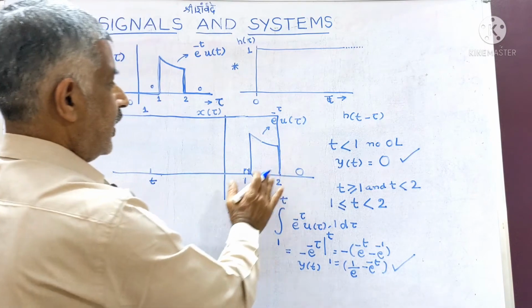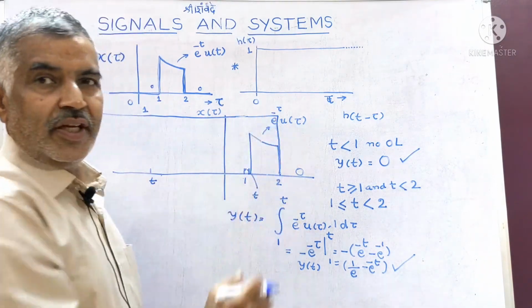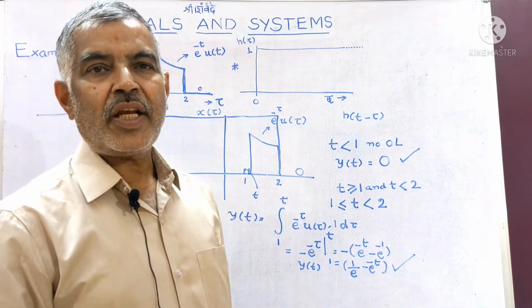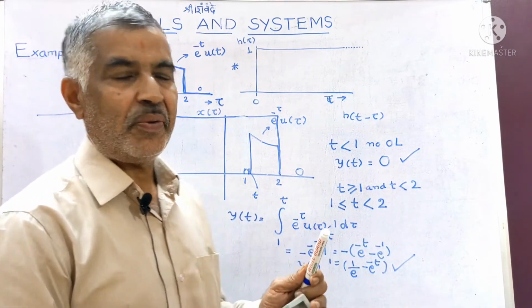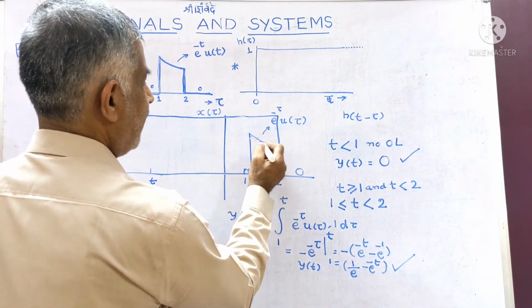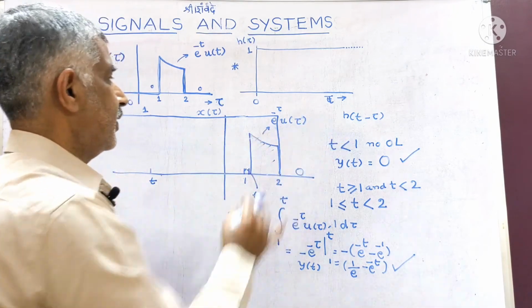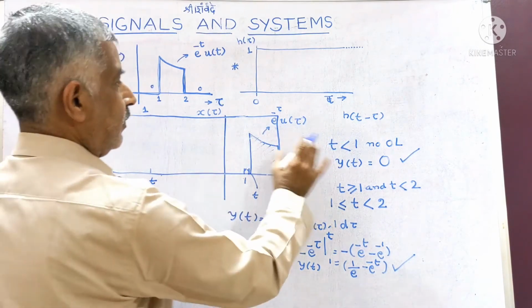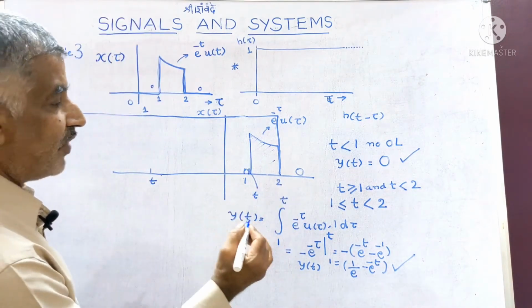Entire exponential waveform is being covered. You imagine in the eclipse, the moon is fully covered with shadow. Okay, fully covered. That means for that, how to write the integral is the question.